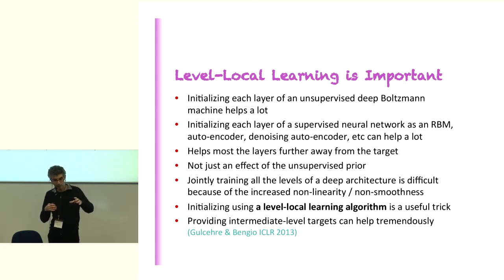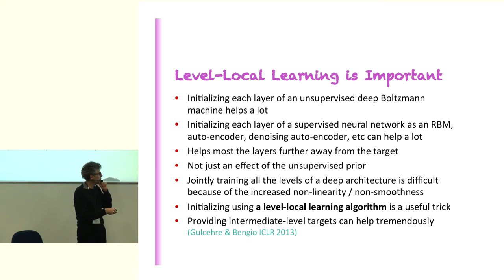But if we break the problem into two parts, and we basically have two networks, one for the first level and another network for the second level, and we tell the first network some hints about what it should be doing, then suddenly training the big thing becomes very easy. So really it's another example of, well, initialization matters, but here we use some prior knowledge about the decomposition of the problem into subproblems. And if we pre-train by this prior knowledge, things that were unlearnable apparently become learnable. So that's this ICLR 2013 paper.